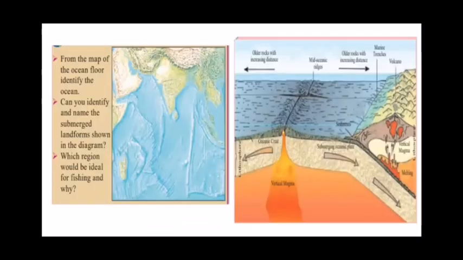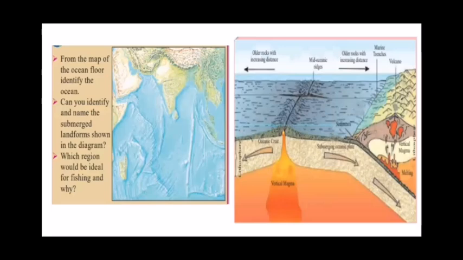Now children, this is a map where we have the different types of landforms that are there under the water. Now children, we have a question that is asked. From the map of the ocean floor, we can see the ocean floor, some of it is visible.